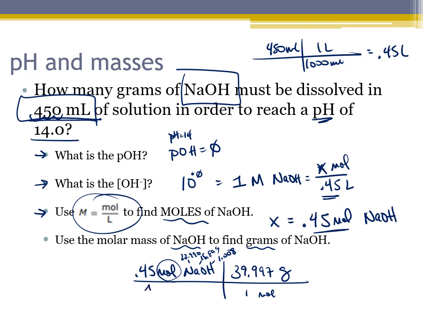With my calculator, 0.45 moles times 39.997 grams per mole gives us 17.99865. So many digits. We're going to keep 1 sig fig. That 7 is going to turn that 1 into a 2. Just about 20 grams of sodium hydroxide is in my solution.